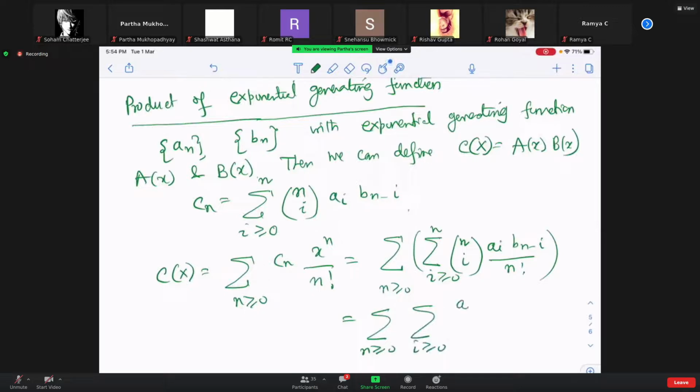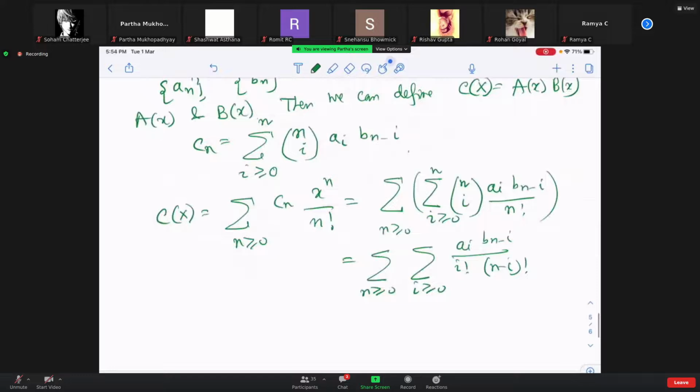So this will be a_i b_{n-i} by i factorial times (n-i) factorial. And if you just stare at it for some moment, you realize that this is nothing but A(x) times B(x). Right. So it's very simple.